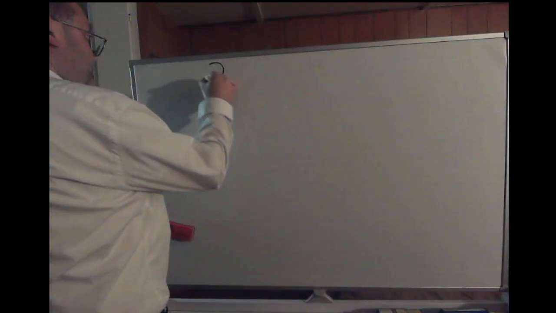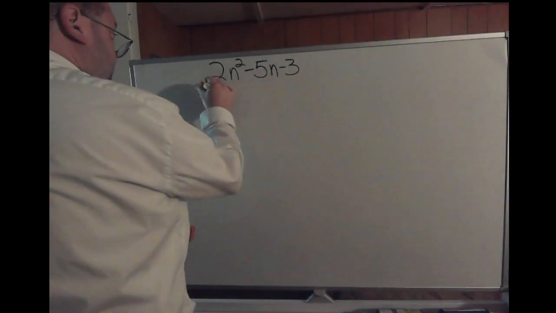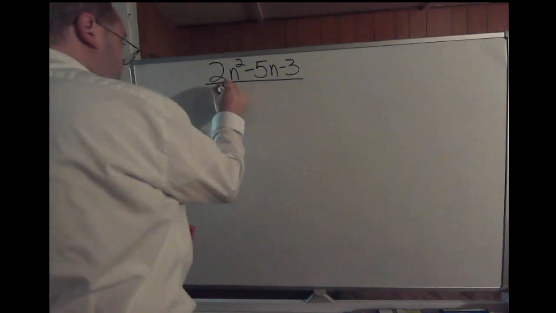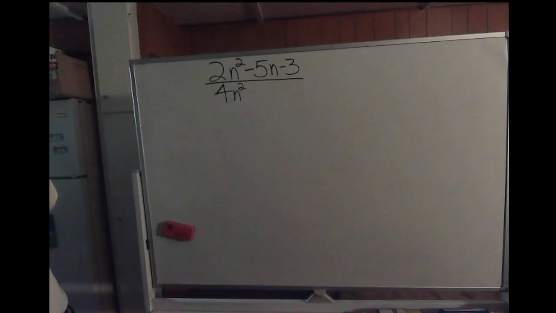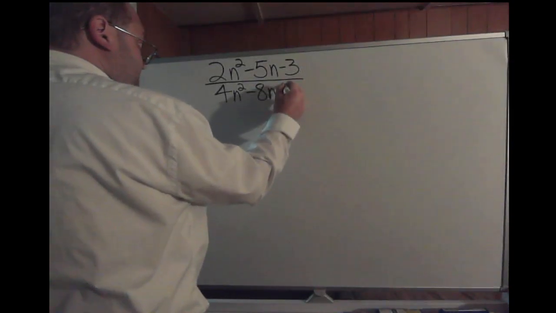Alright, let's see how many more I'm going to do here. Alright, let's see. We have 2n squared minus 5n minus 3 all over 4n squared minus 8n minus 5.